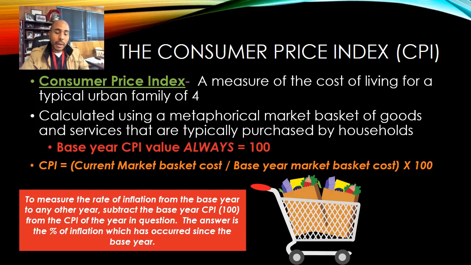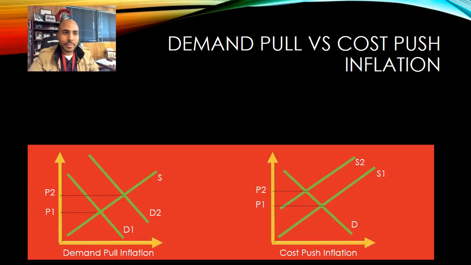So for example, if year 2 is 125 for our CPI value and the base year is equal to 100, we would do 125 minus 100, which would give us 25. And so that would mean that there's been 25% inflation since the base year. So very simple equation here. Just subtract 100 from whatever CPI number you're looking at, and that will tell you how much inflation has occurred since the base year.